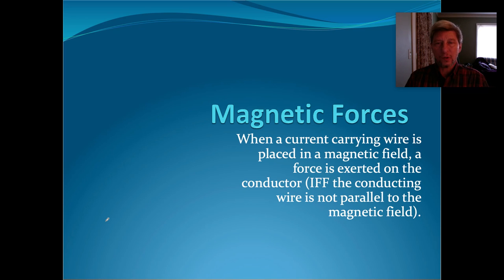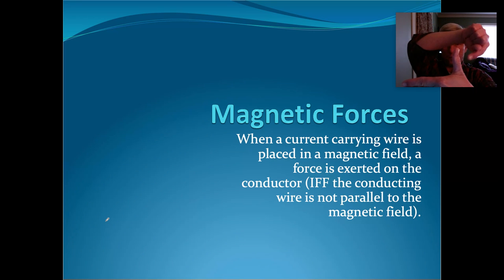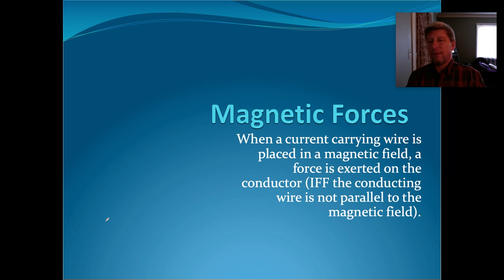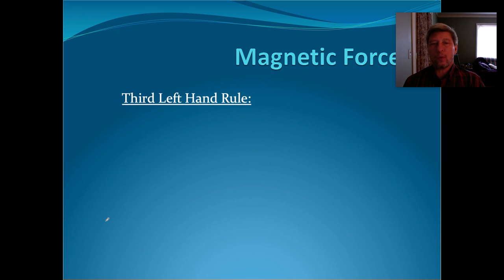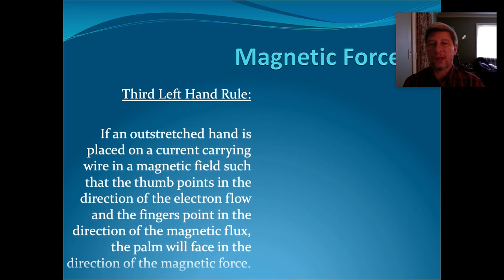So if the magnetic field is going left to right and the conductor is going left to right, there's no magnetic force. But if they are at any angle to one another, a force will be applied by the magnet on the conductor. So, how do we determine what kind of force that will actually be?